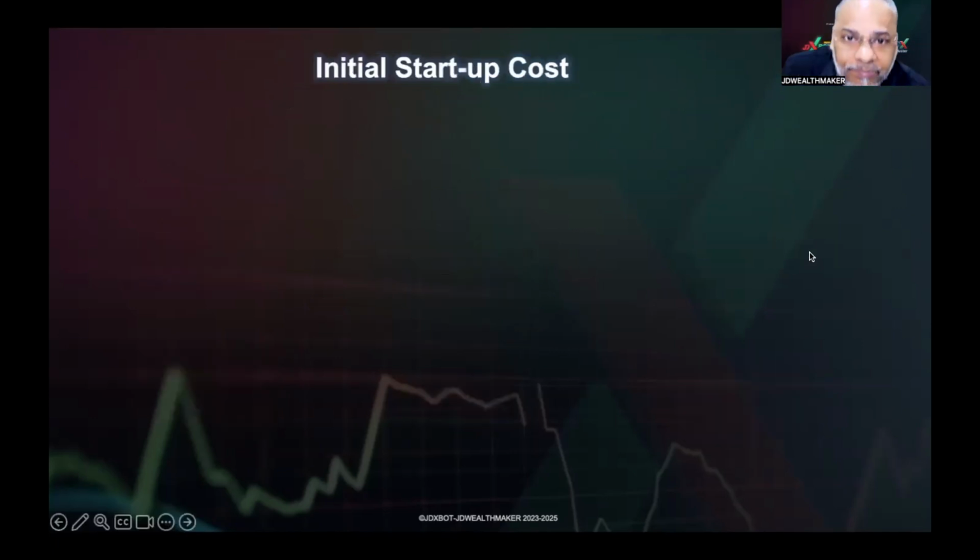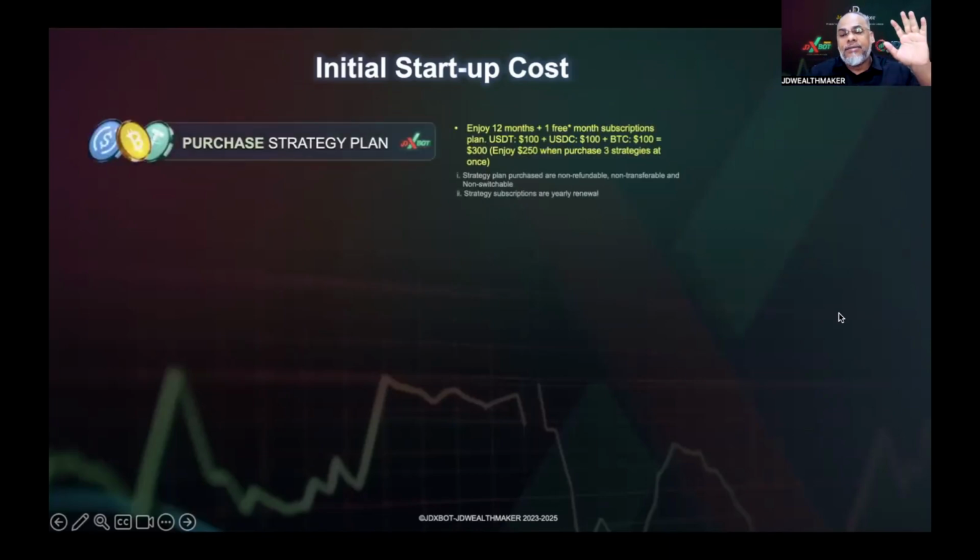All right. Now, let's quickly look into what the initial startup costs are. I know that some of you are excited and want to know the startup cost if you want to get involved with JDX Bot. Let's look into it. These are the costs involved. First things first, you need to purchase the strategy plan.